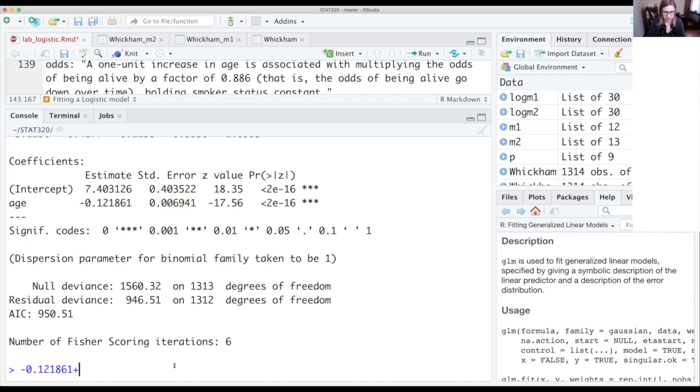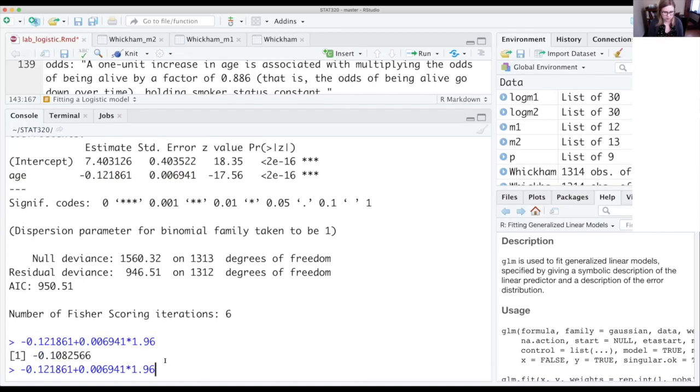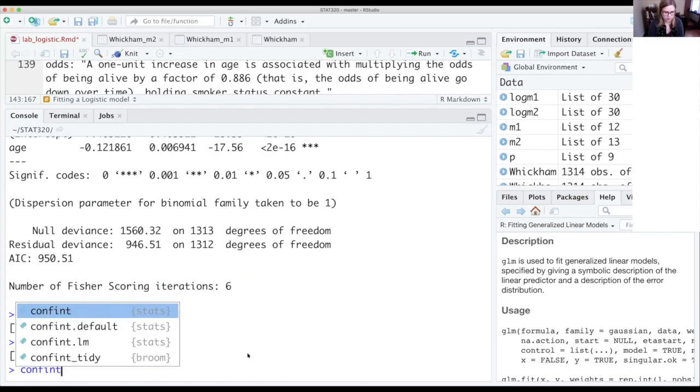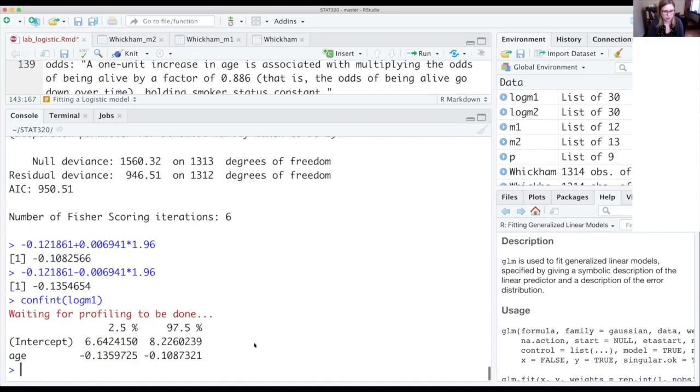So it would be plus or minus the standard error times, and because we get to use the normal distribution here for reasons I can't remember, you don't have to find a critical t value. You can just use 1.96. So you would do the plus, and then you could do the minus. So you could find the confidence interval by hand, but you could also use the confint function on that model that I did. This should be the same, hopefully.